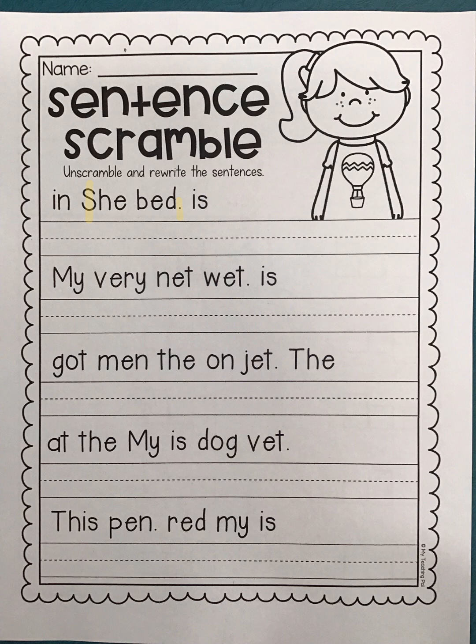Please pick up your pencil. We now know that capitals go at the beginning of every sentence. So the word she is going to go at the very beginning because it's capitalized, and we always capitalize the beginning of a sentence. Our next word, we need a finger space. We need is. She, finger space, is.